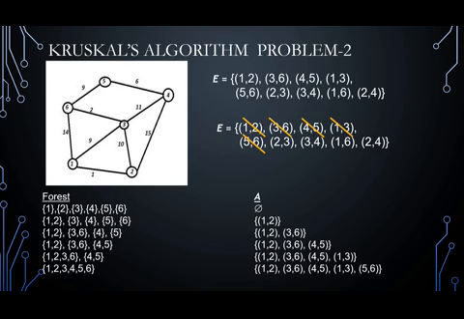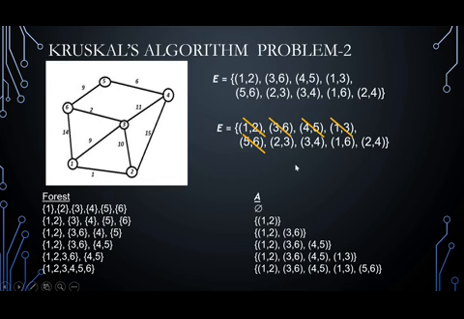Then perform the merge. So these two sets are merged together. So you get 1, 2, 3, 6 as one set, 4, 5 as another set. So you have two sets now. So still you have not arrived at the solution.